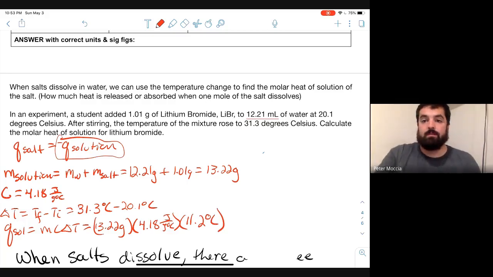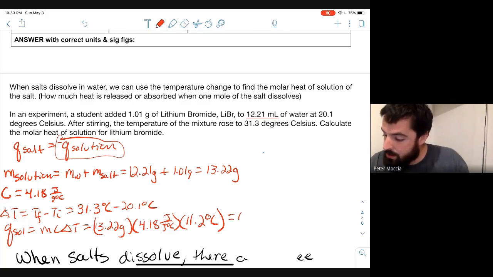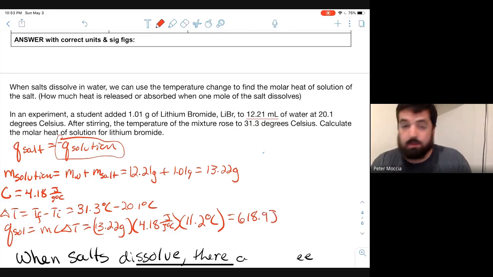And so 13.22 times 4.18 times 11.2 is equal to 618.9 joules.